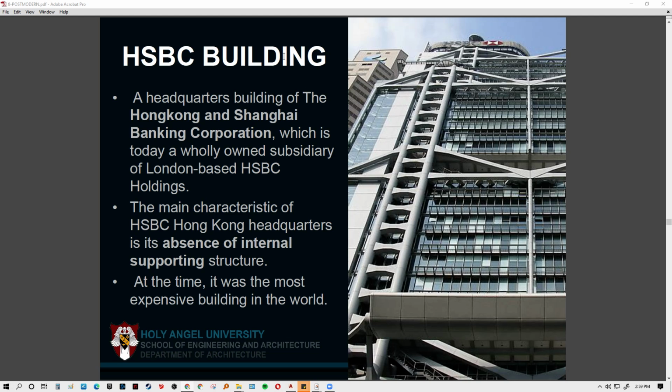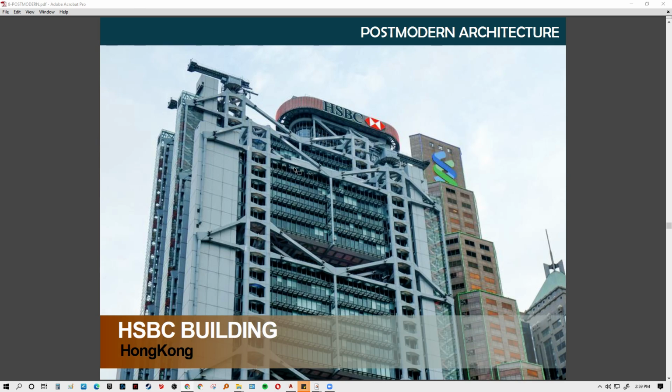The main characteristic of this structure is its absence of internal supporting structure. Basically, all of the main supports are in the perimeter, in order to utilize the space inside even more. It is one of the most expensive buildings in the world because of this design, and they were able to pull off this kind of structure.